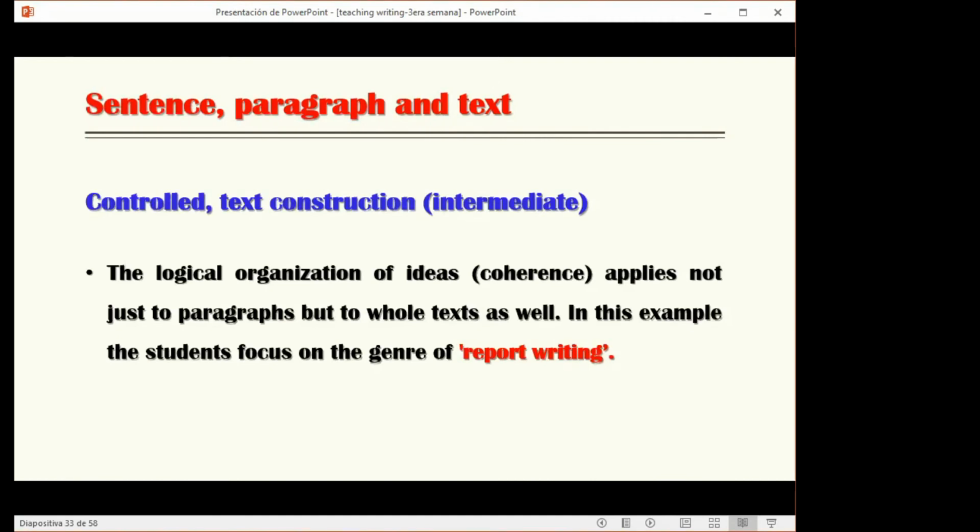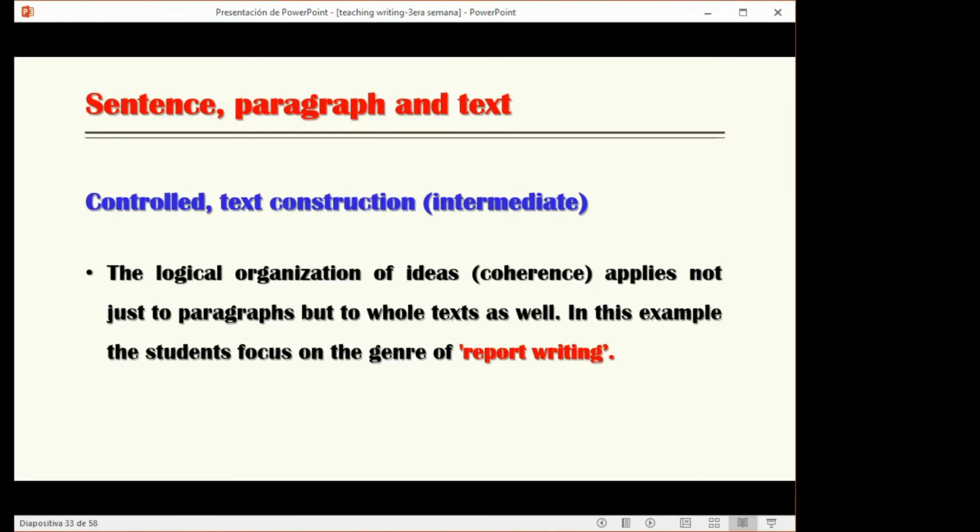Control text construction, intermediate. Notice we are going to a higher level, no? From elementary to intermediate. Control text construction. The logical organization of ideas, coherence, applies not just to paragraphs, but to whole texts as well. In this example, the students focus on the genre of report writing.